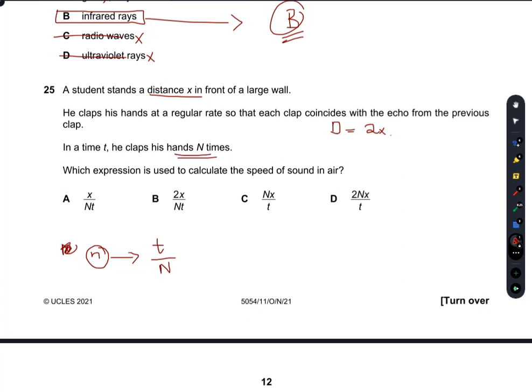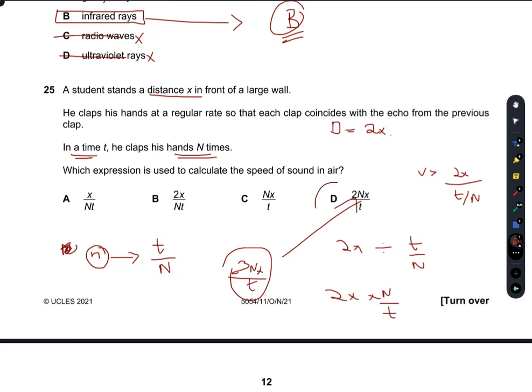Distance is 2x, so velocity is equal to 2x over t over n. So 2x divided by t over n, so 2x multiplied by n over t, taking the reciprocal. So 2nx over t means D is the right answer.